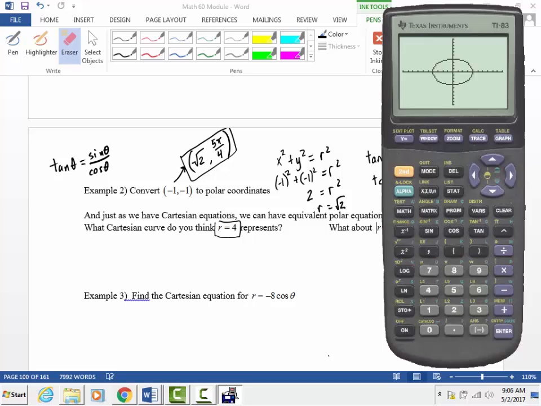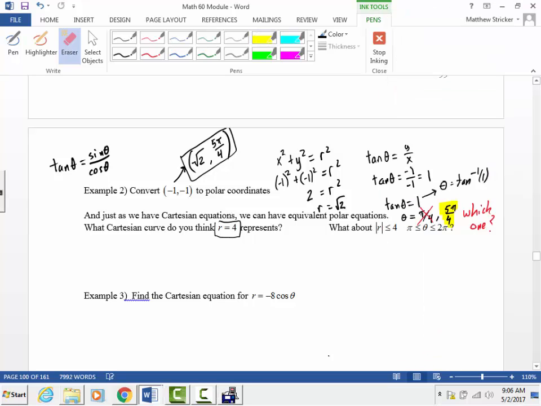Now, notice the directions. It says find the Cartesian equation. It's currently in polar, so we're being asked to go from polar to Cartesian.